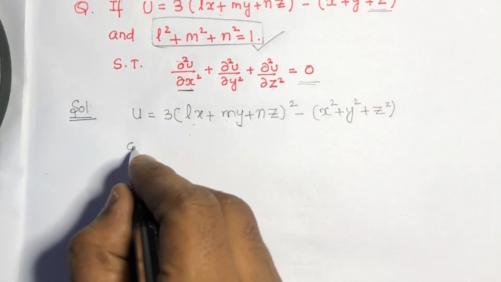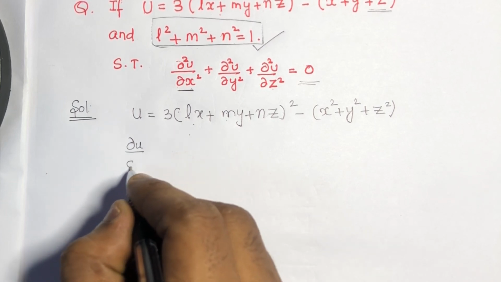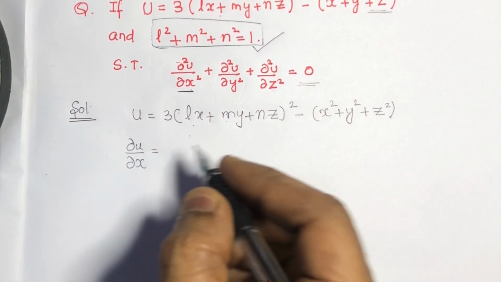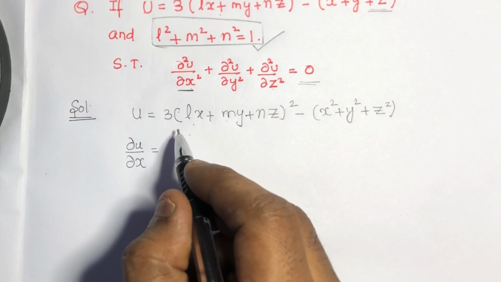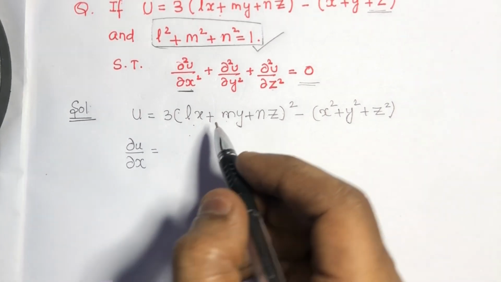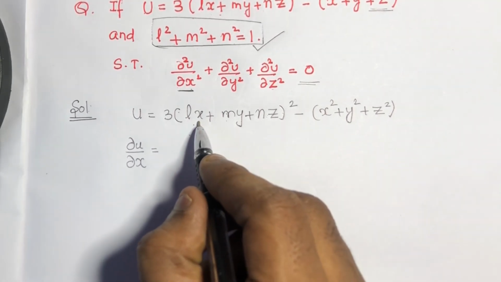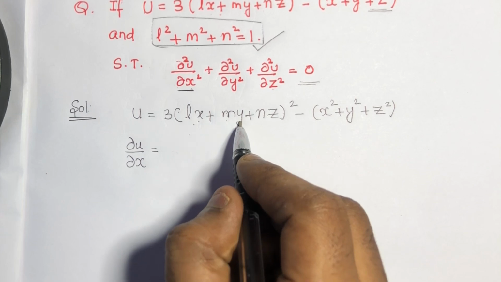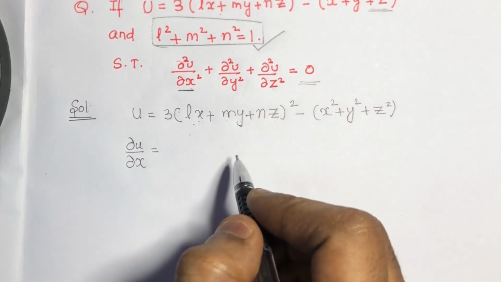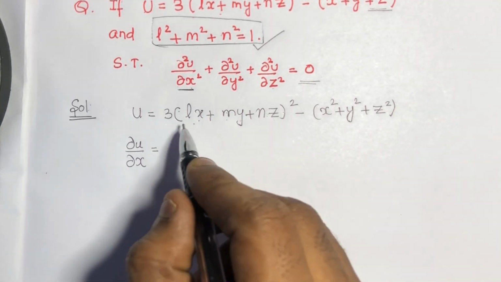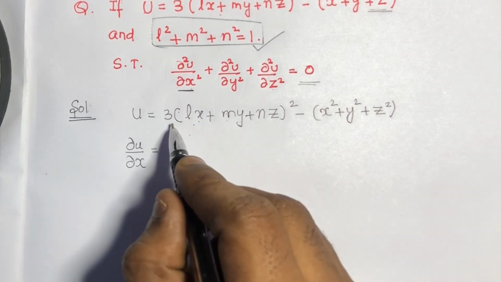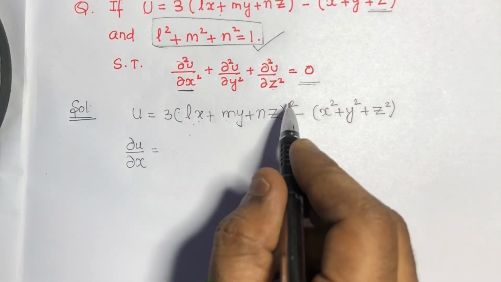I'm partially differentiating the function with respect to x. If I differentiate with respect to x, treat x as the variable and treat y and z as normal constants. And if you see this part, it is looking like 3 into x square.